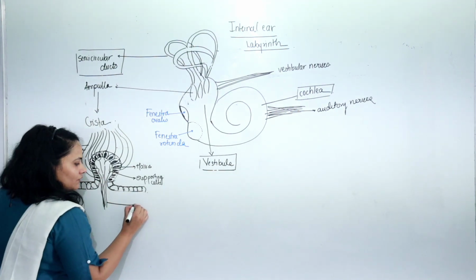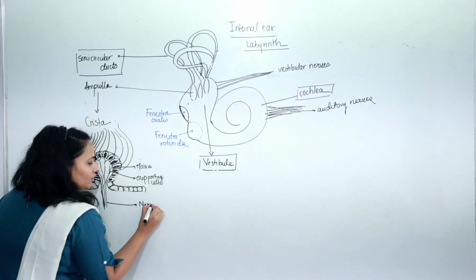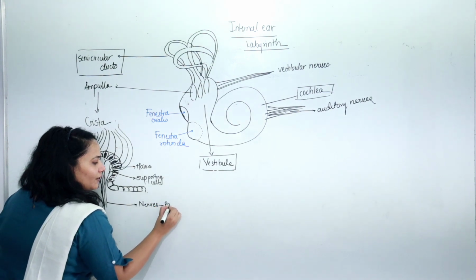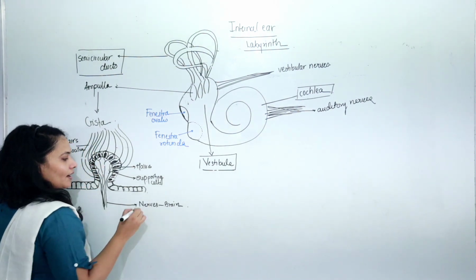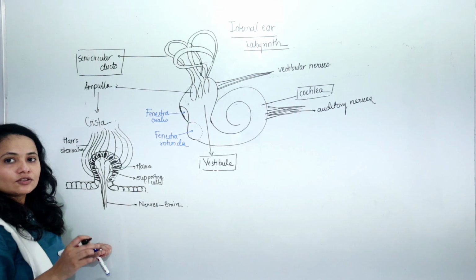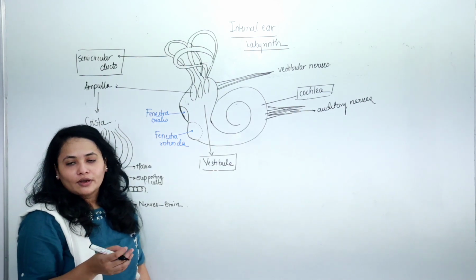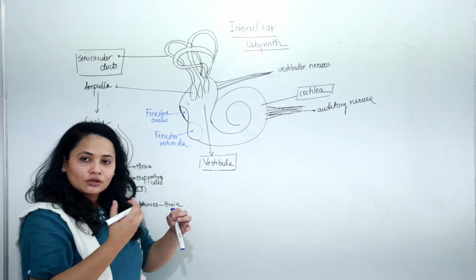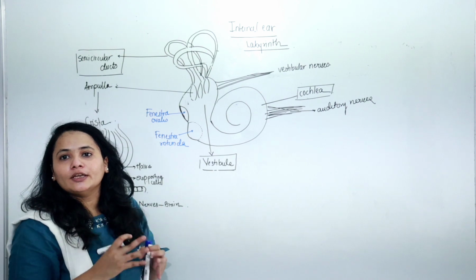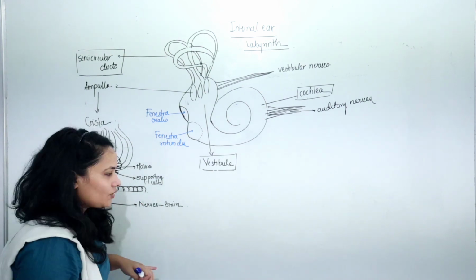And these nerves will go to the brain and sense the rotational motion. And while we are in rotation, it will keep our body in equilibrium.